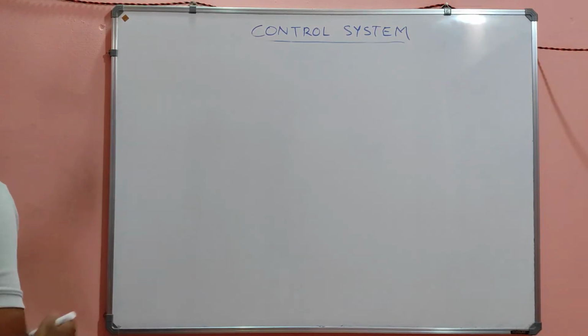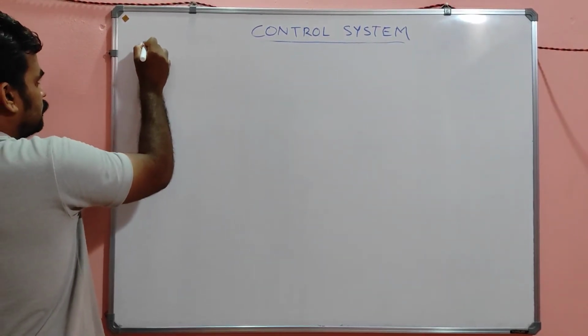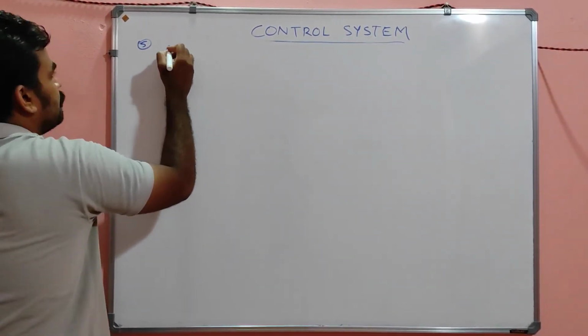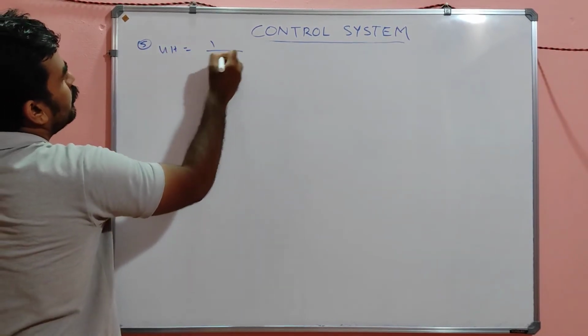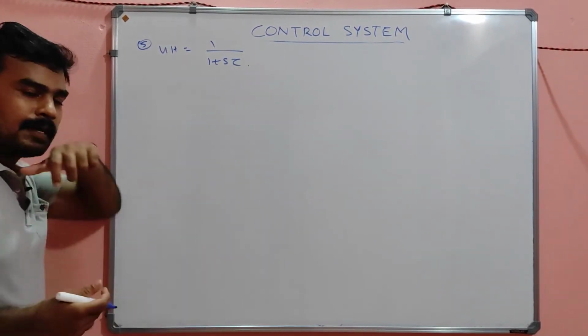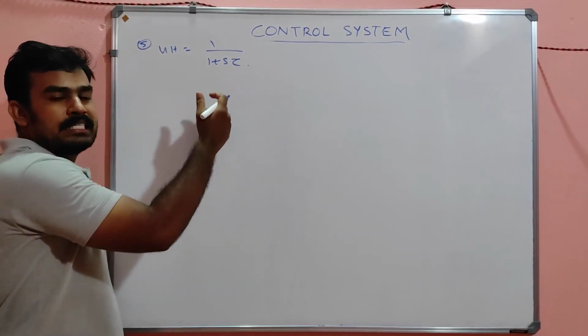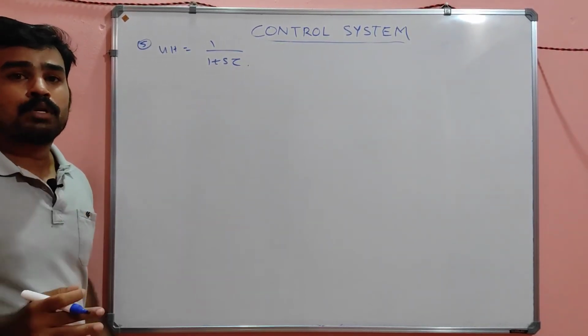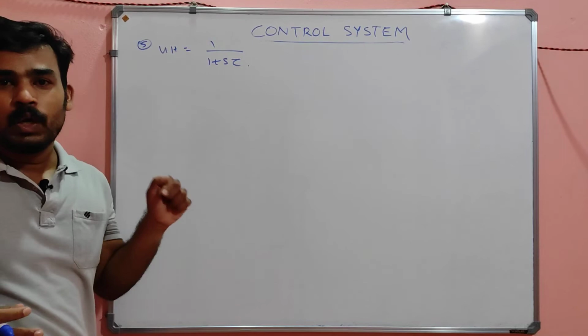Next is nothing but, my dear, net I think is 5 now. Suppose GH equal to 1 by 1 plus S2, which is nothing but, my dear, there you discussed n number of poles at the origin.